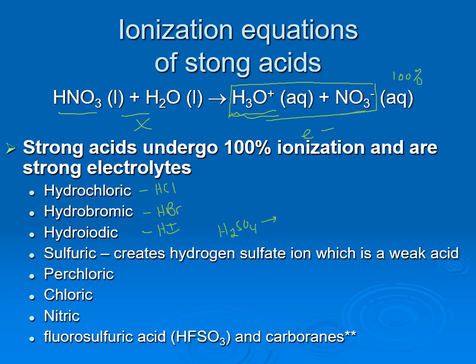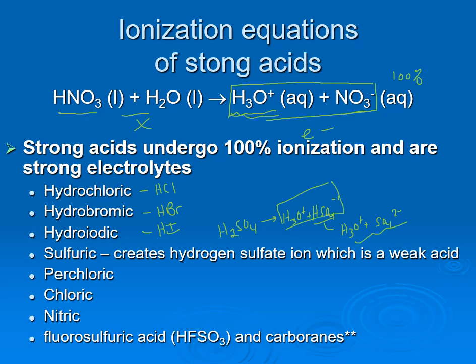So the first step would be to form H3O and a hydrogen sulfate -1 ion, both aqueous. And then this can actually, under more strict circumstances, lose the final hydrogen to make another hydronium, and finally the sulfate polyatomic ion.